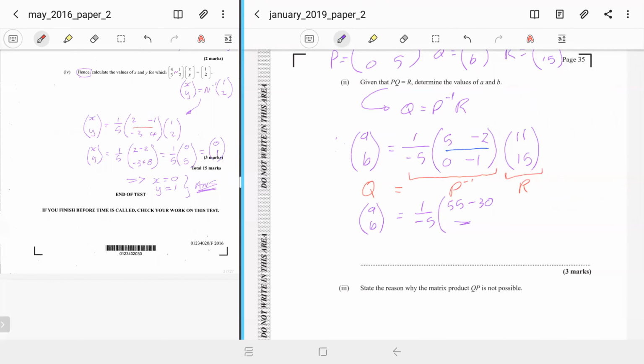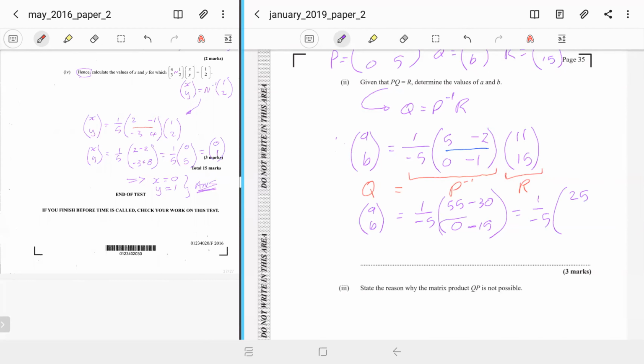Then the second element that we want is this row times the 1 column. 0 times 11 and minus 1 times 15. 0 times 11 is 0 and minus 1 times 15 is -15. So this becomes 1 over -5 bracket. This becomes 25.